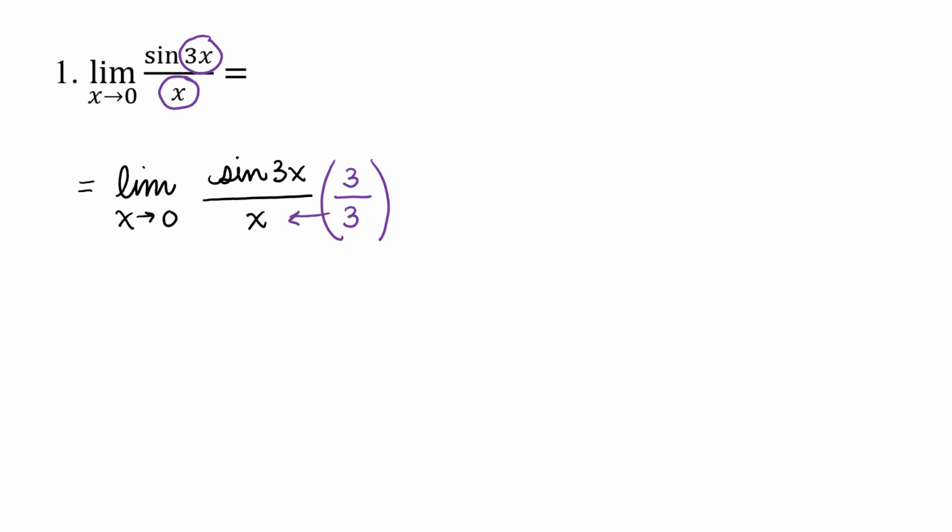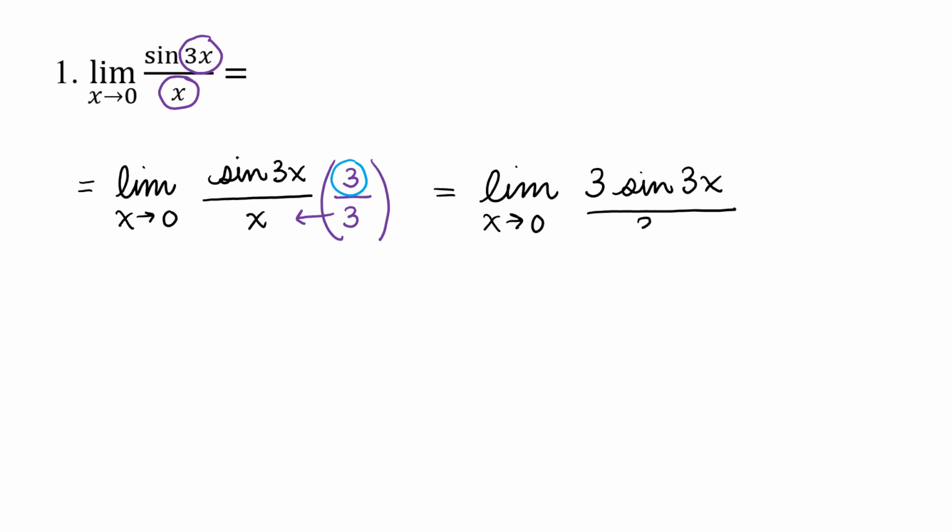So this 3 will join us for a 3x, and this 3 in the numerator is kind of left over. But this will be equal to the limit as x approaches 0 of 3 sine of 3x over 3x.